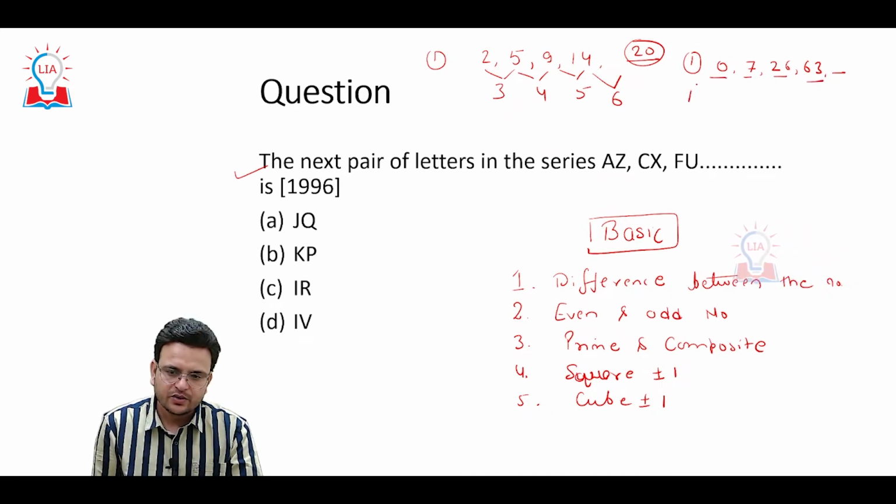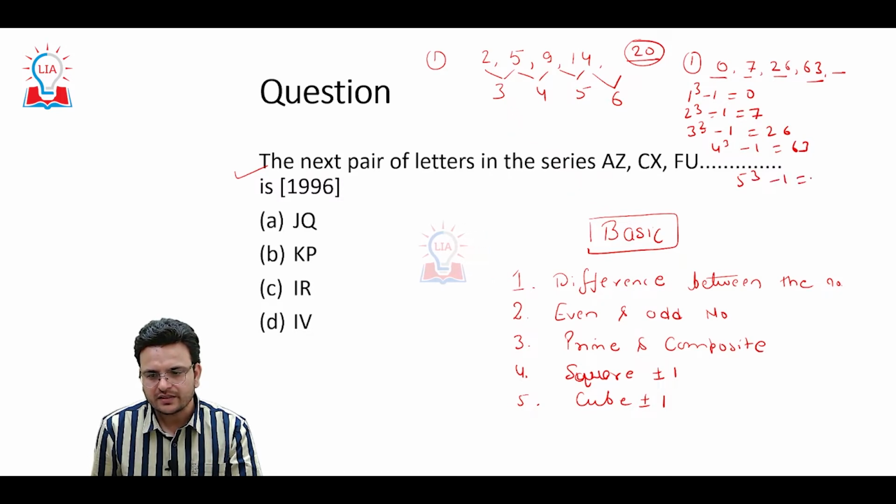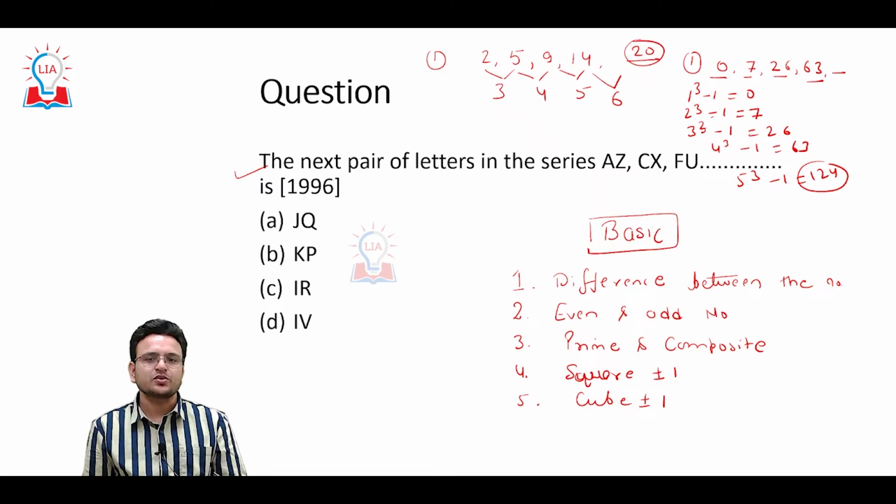When you see the cube, 1 cube minus 1 is 0, 2 cube minus 1 is 7, 3 cube minus 1 is 26, 4 cube minus 1 is 63, and 5 cube minus 1 will be 124. This is the way you have to solve the question.